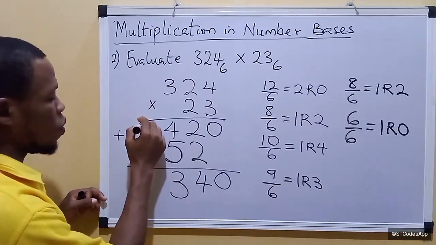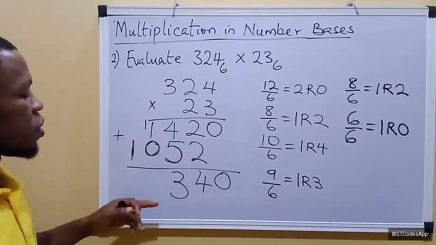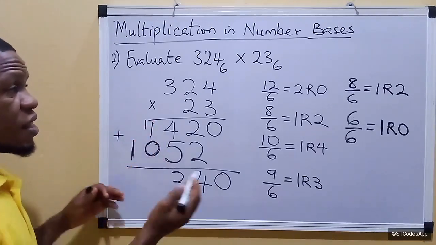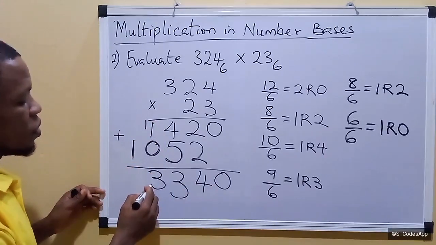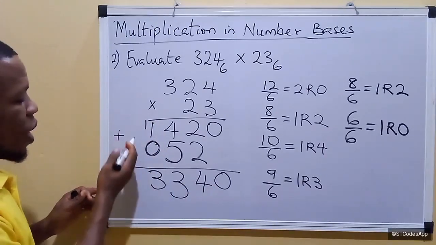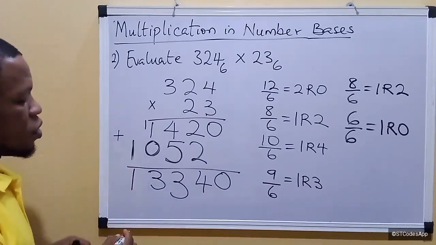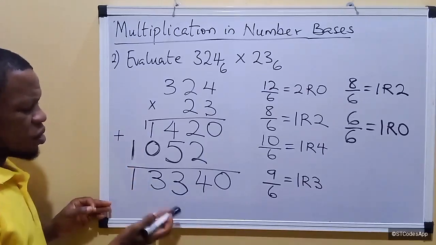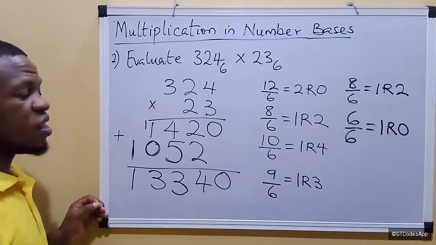So we have 1 plus 1 plus 0 is 3. It is less than the base 6, so I will put it down. Then we are left with 1. Still less than the base, I'll put it down. So at the end of the day, we have got 13340 in base 6.